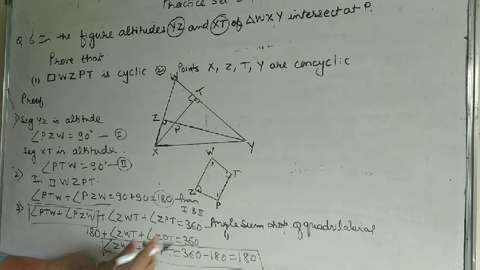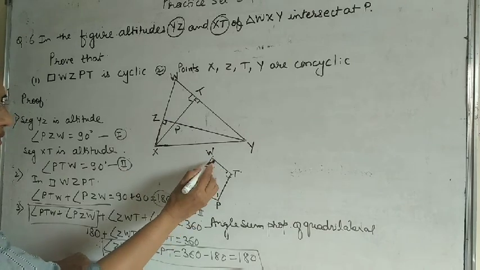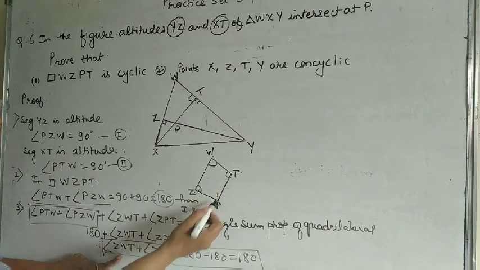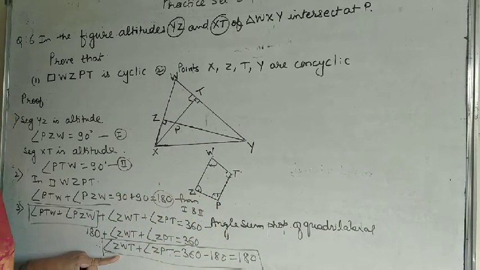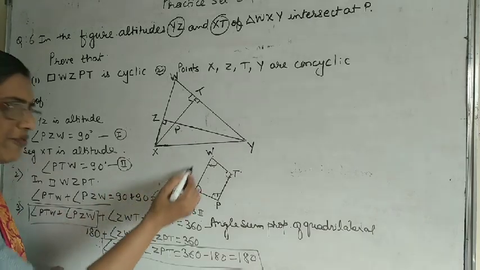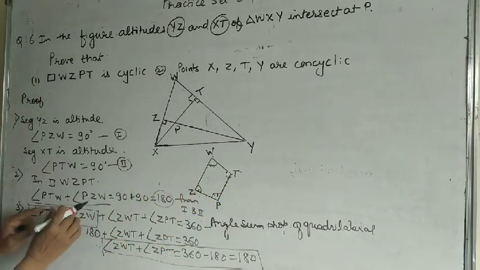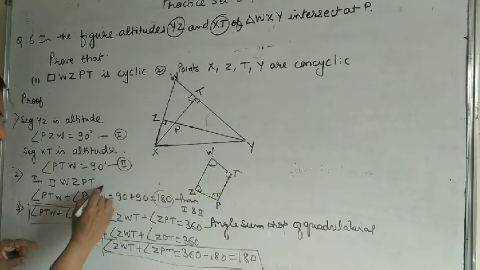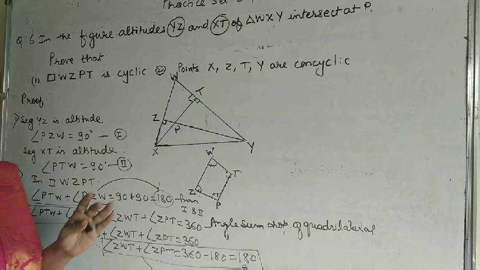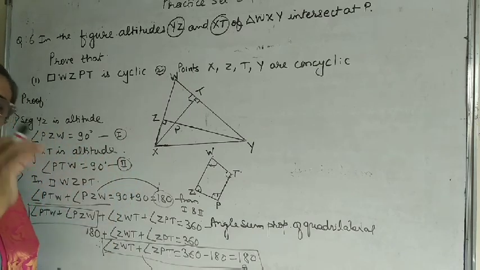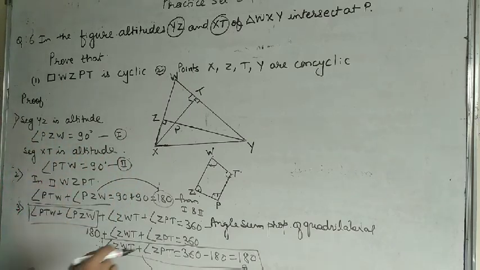Similarly, here we have shown ZWT and ZPT. The sum of these two angles is 180 degrees and these two are opposite angles. So in this quadrilateral, these opposite angles are supplementary, and these opposite angles are also supplementary, and when opposite angles are supplementary, then that quadrilateral is a cyclic quadrilateral.